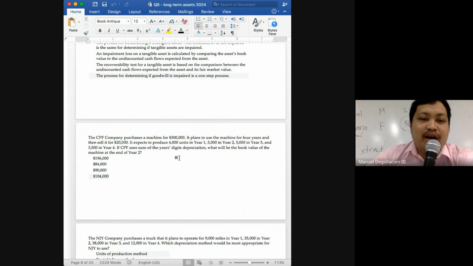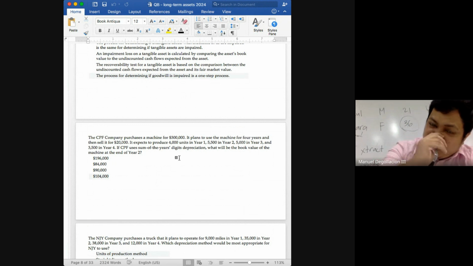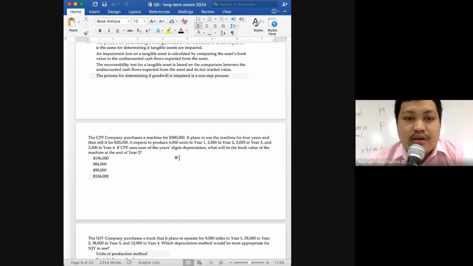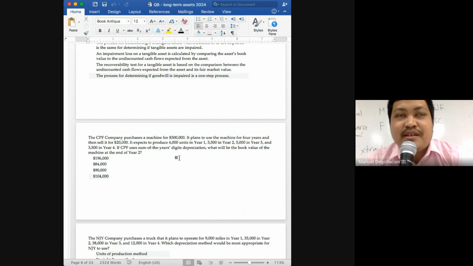Next, let's compute for the accumulated depreciation. And we do this by computing the depreciation for year 1 and the depreciation for year 2. Okay, let's start with year 1. What fraction are we going to use for year 1? What's the useful life? 4 years. So let's start with the denominator. If it's 4, this one is faster: 4 times 4 plus 1 all over 2, or 1 plus 2 plus 3 plus 4.